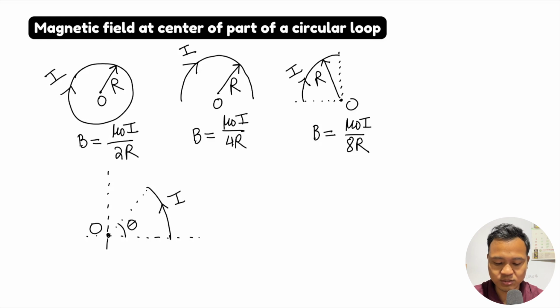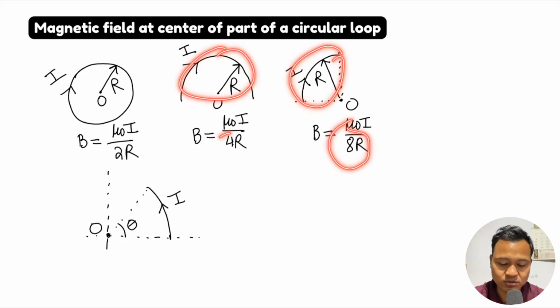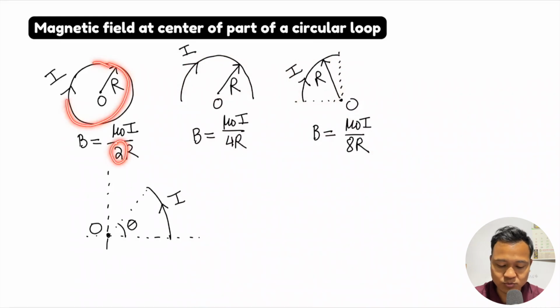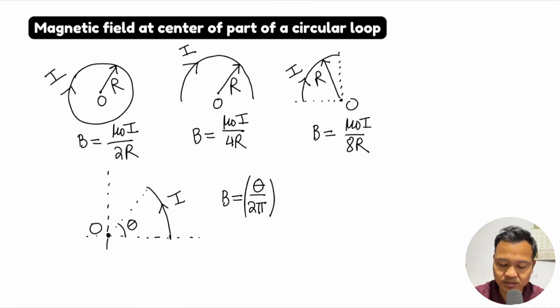At the center O, how do you find the magnetic field? Quarter loop gives mu naught I by 8R, semicircular loop gives mu naught I by 4R, and the whole loop gives mu naught I by 2R. If I have part of this which subtends an angle theta at the center, in general the magnetic field will be theta divided by 2 pi into mu naught I by 2R.